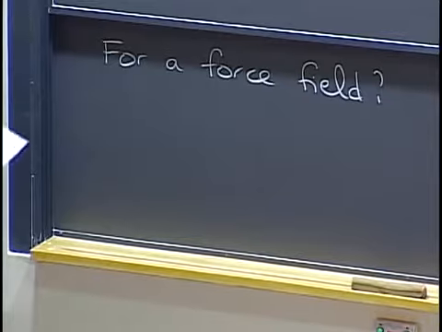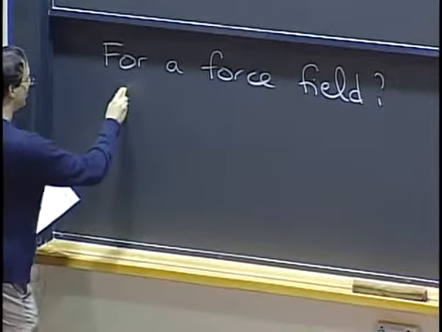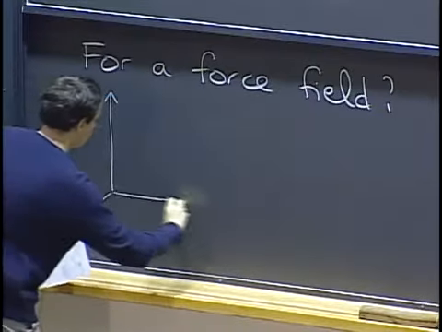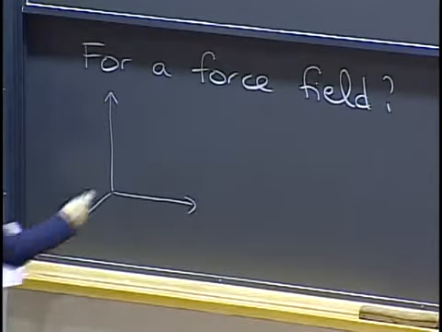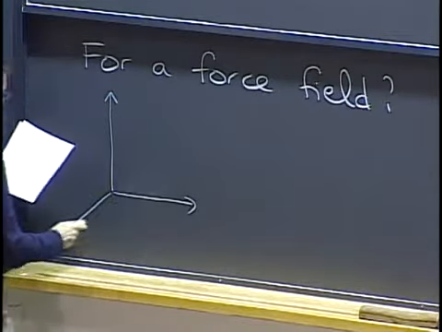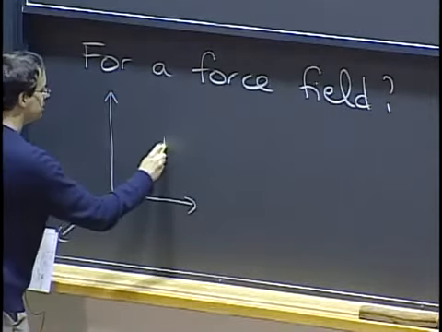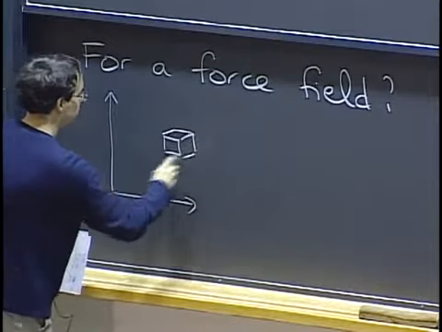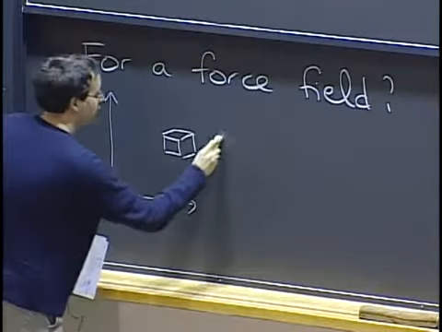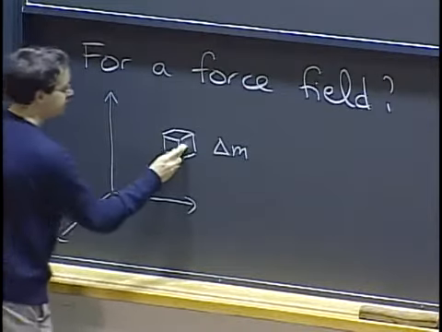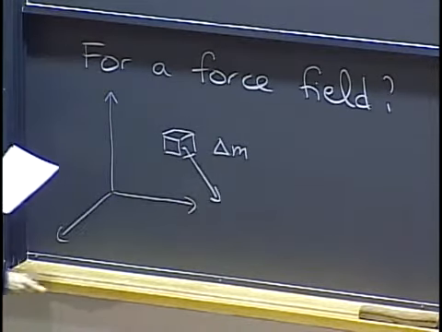I want to remind you that if we have a solid in a force field, we can measure the torque exerted by the force on the solid. So maybe first I should remind you about what torque is in space. Let's say I have a piece of solid with a mass delta m, and a force being exerted on it.